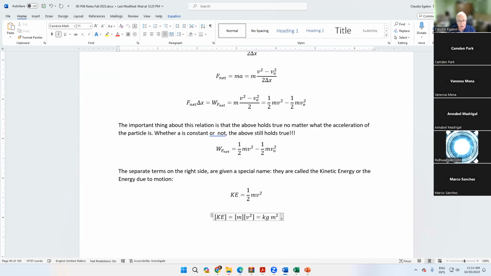The unit of velocity squared is meter squared over second squared. This can also be written as meter per second squared times meter.